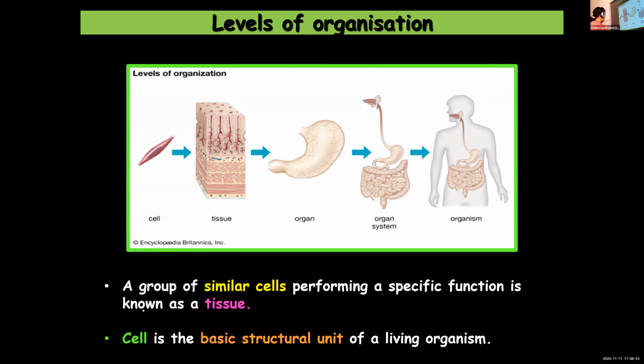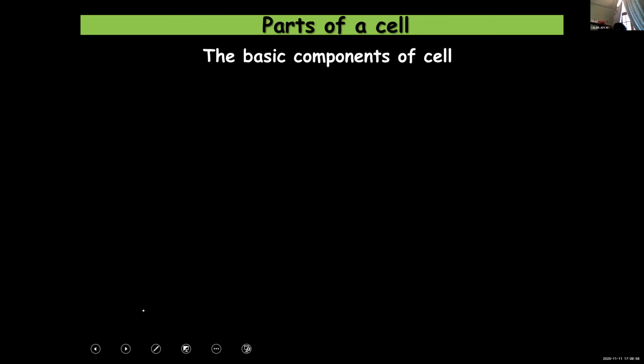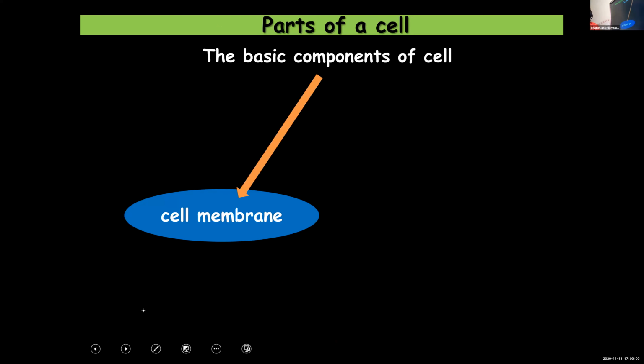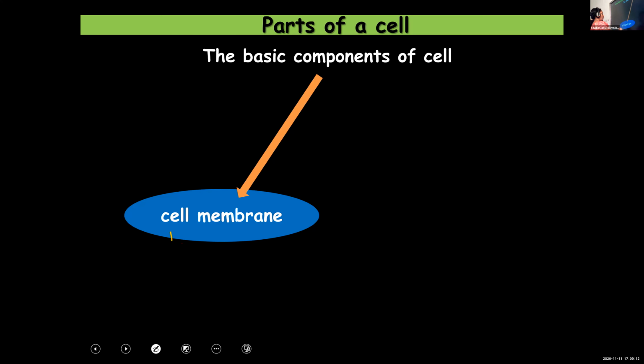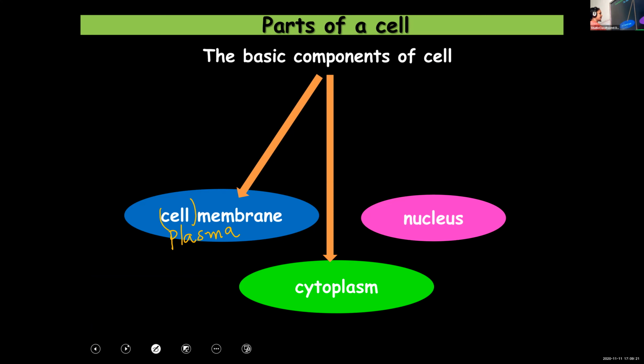Starting with the components, the first one, cell membrane. We even call cell membrane as plasma membrane. Then the next one, cytoplasm. And then we have nucleus.